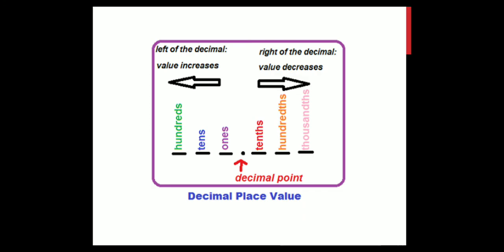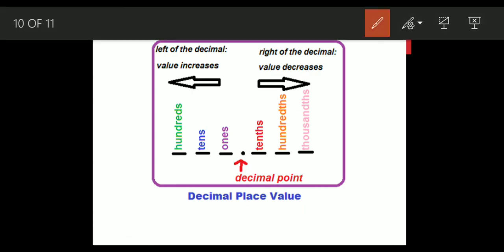To the left side of the decimal point, the value increases from ones to tens, tens to 100, 100 to 1000. We just multiply by 10. To the right side the value decreases, we divide by 10. So to the left side the value increases, to the right side the value decreases.